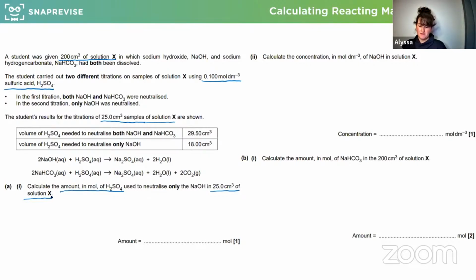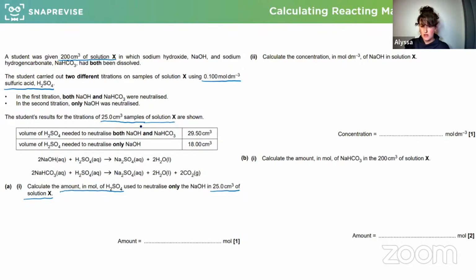Anybody got any ideas? I want to know the amount in moles of sulfuric acid that was used to neutralize only sodium hydroxide in 25 cm³ of solution X. If I'm looking at only sodium hydroxide, if I look back at the bits of information I've got, a volume of H2SO4 needed to neutralize only sodium hydroxide.